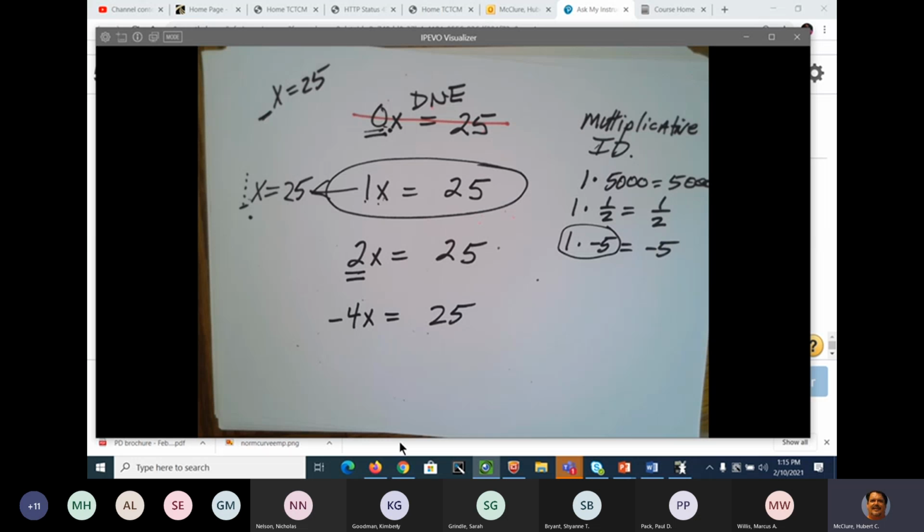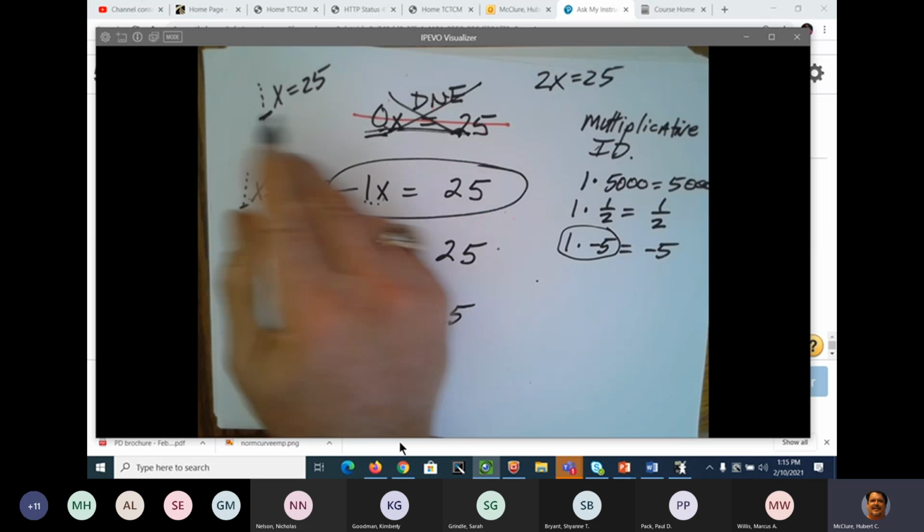So if it's not a 0, what's the only number it can be? 1, because if it was a 2, then it would be 2x equal to 25. The only reason you don't put 1 is because 1 is the multiplicative identity. It gives you anything that's right there, so there's no reason to put it there. So hopefully that helps you out.